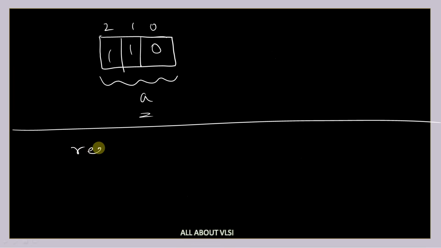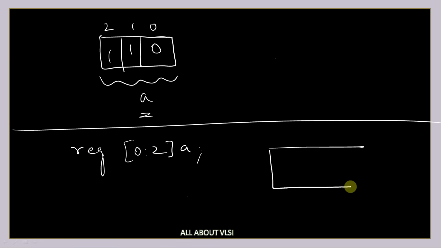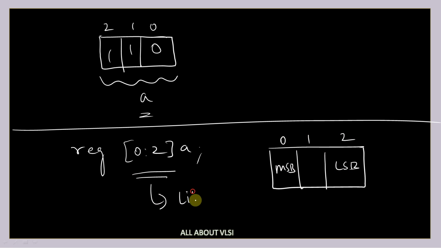And if we mention this as reg 0 to 2 a, then it will look like this. This is our vector where MSB is given a lower index and LSB is given a higher index, that is 2. This particular type of representation is little endian, because we are giving MSB a lower index and LSB a higher index.